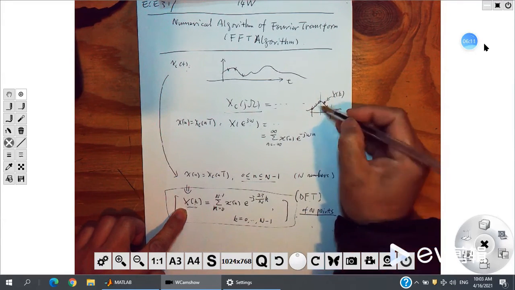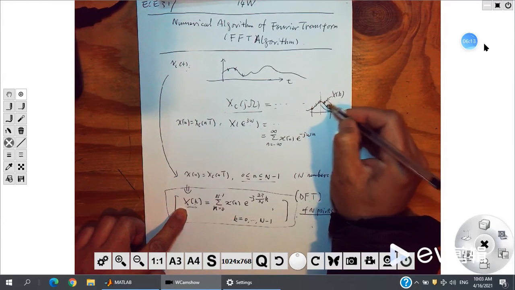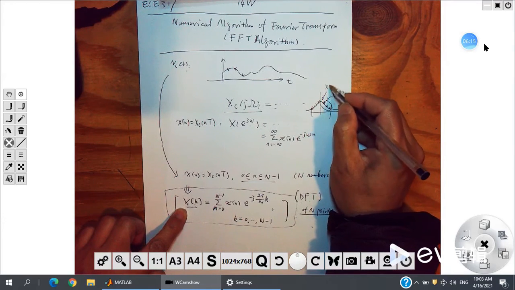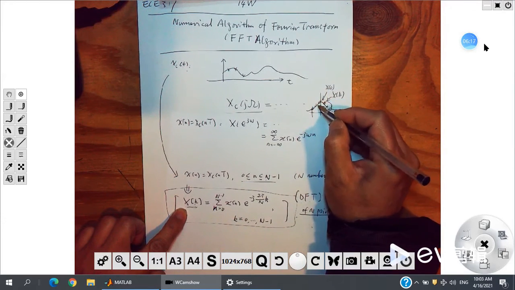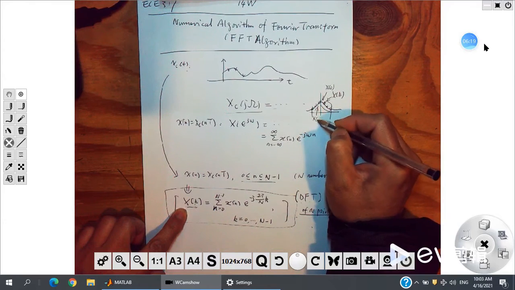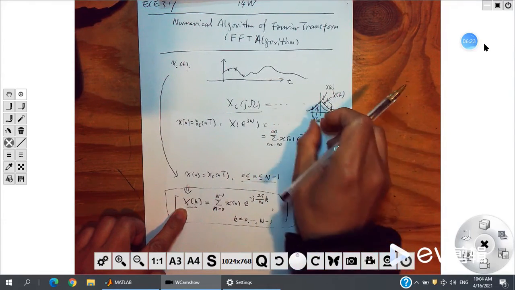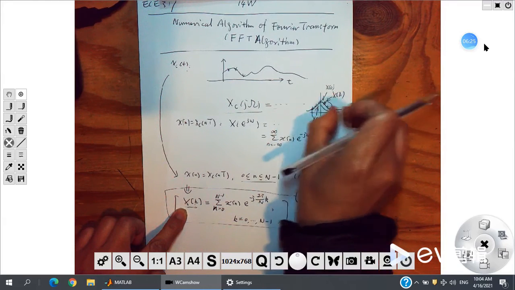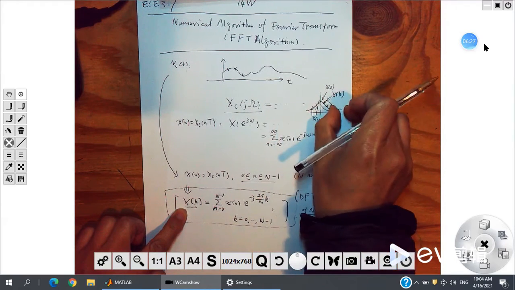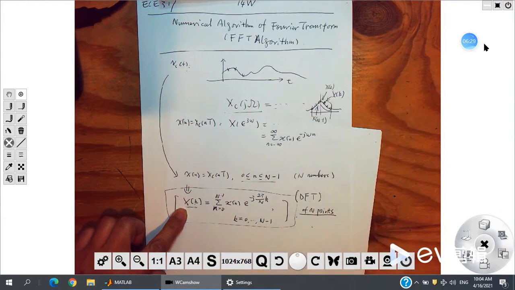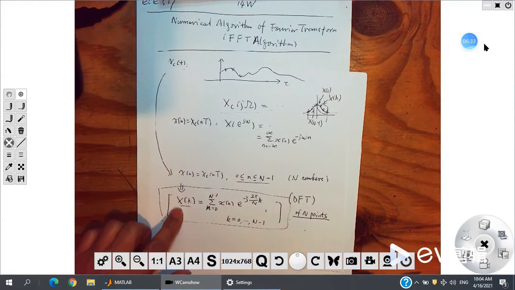This is capital X of 0 here, and this one is capital X of N minus 1. Remember last time in the lab, this part is shifted to here, right? Now we try to find a way to calculate this.